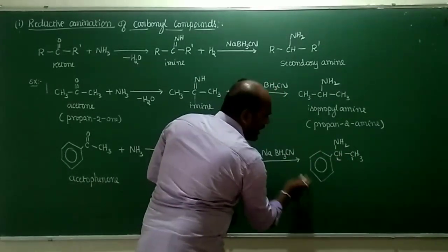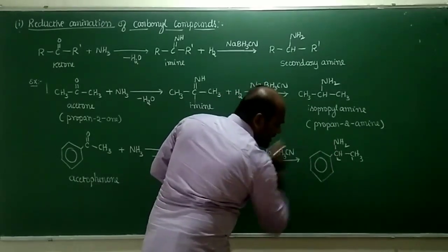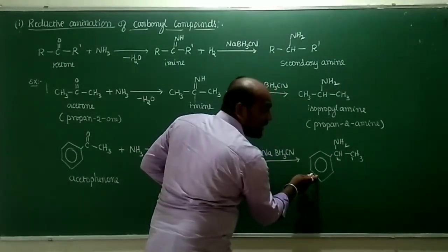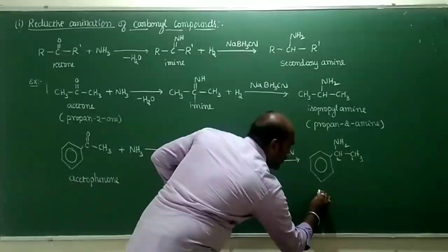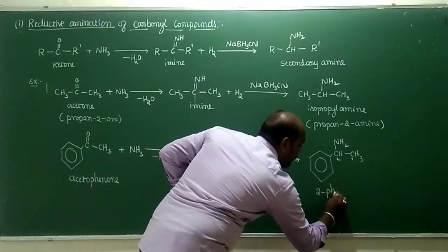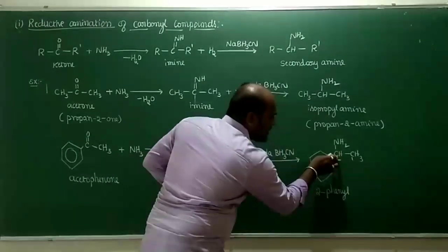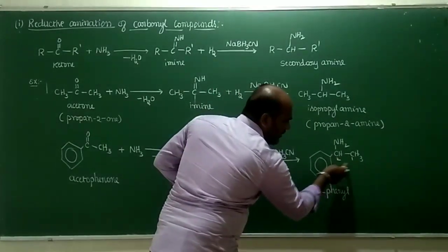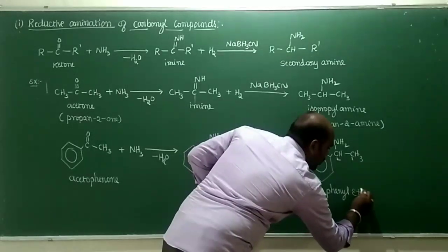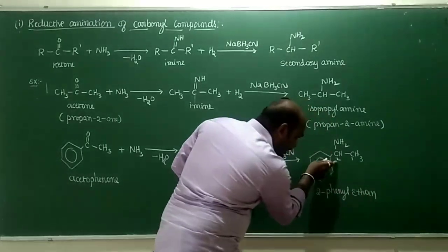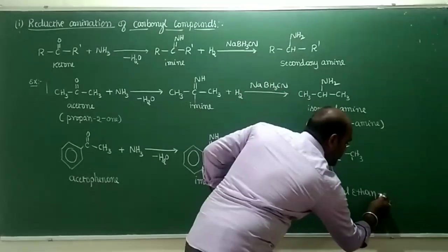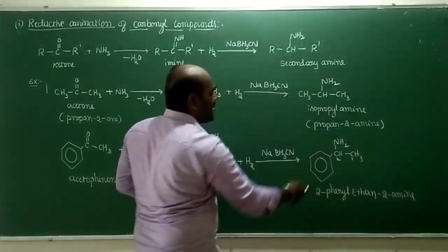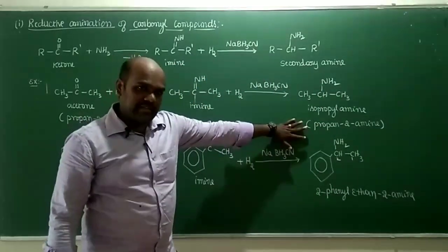The second position has the benzene ring, and at the second position itself we have the NH2 group. So here this benzene group acts as a substituent, so we should call it 2-phenyl, because this group is present at the second position. In the aliphatic chain we have 2 carbon atoms, so ethane, and at the second position we have NH2, so 2-amine. So here in both the cases we are getting the secondary amines.